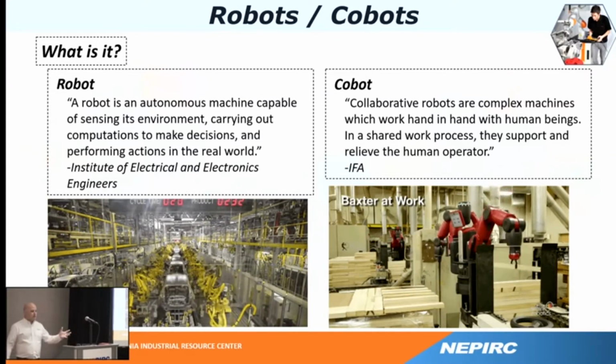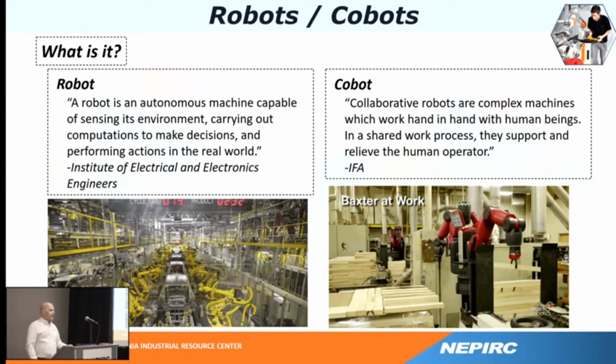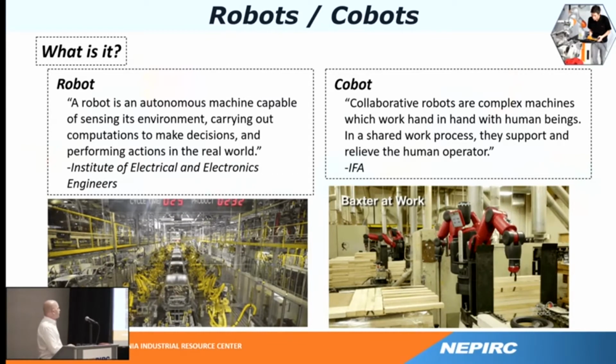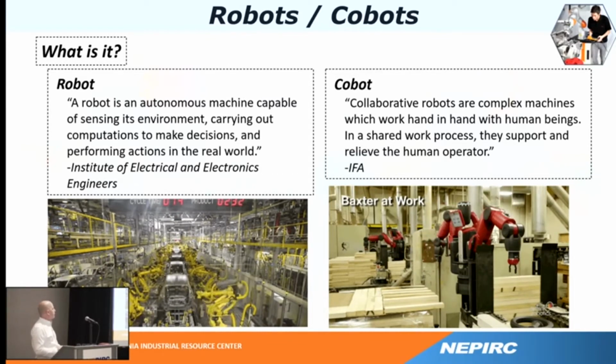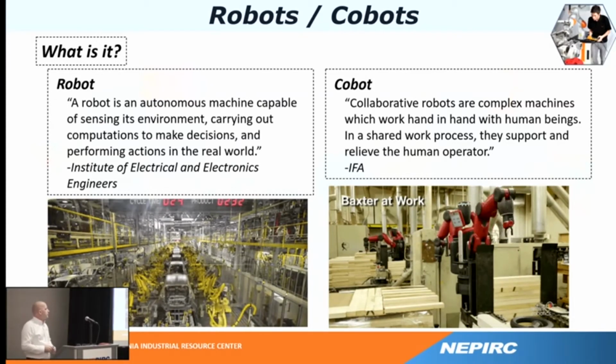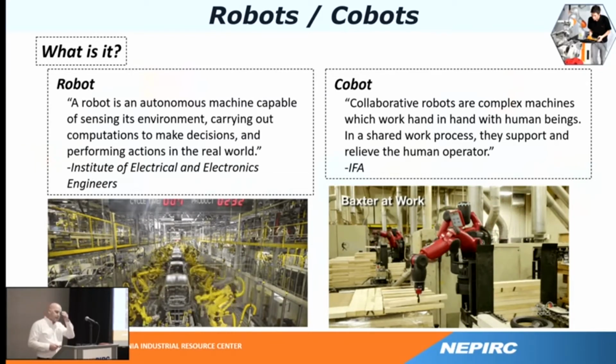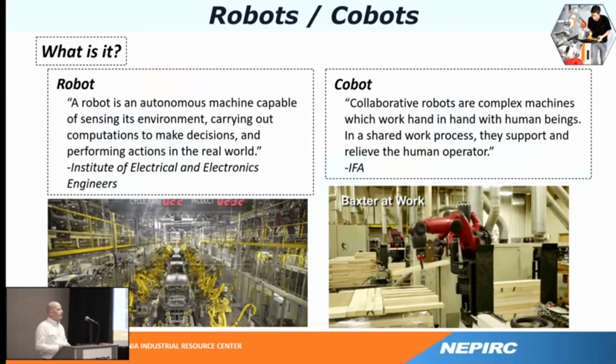It'll look around, it'll see if the parts are there, it will make sure that no one's inside there. If you get a human inside here, the machines will hopefully stop and not hurt you. They are all programmed. Every single little step is programmed by them. So that's a robot. We've seen them around. We've seen them in movies. Maybe you've seen them in your manufacturing environment, often locked behind cages, you can't get to them.